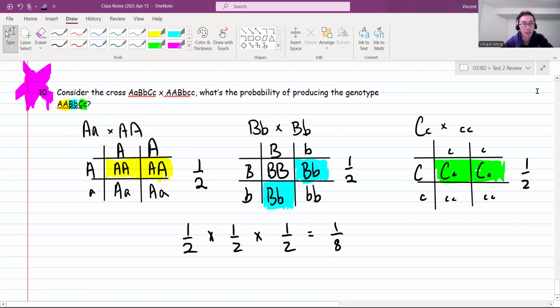Now, for those of you who try to understand this mathematically, basically there's 50% chance of A being big A, and then 50% chance and 50% chance. If you have multiple things happening and you want them to happen at the same time, the overall chance of it happening together is the probabilities multiplied by each other. So that's half times half times half, which gives you 1/8.